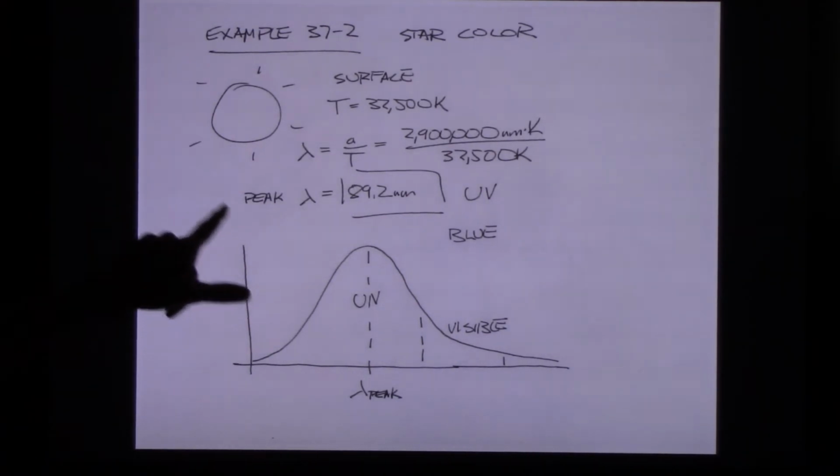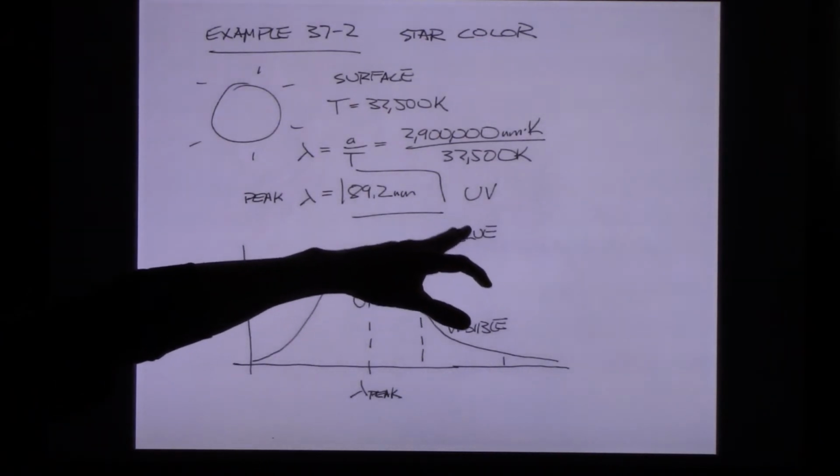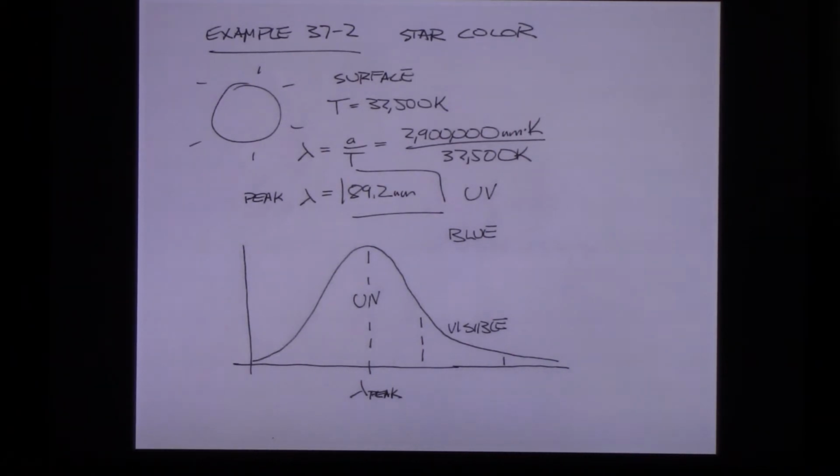The peak wavelength for this star is 89 nanometers. Well, that's in the ultraviolet. So if you have ultraviolet eyes, or ultraviolet devices that can see in ultraviolet, then the star lights up, its peak wavelength is ultraviolet.